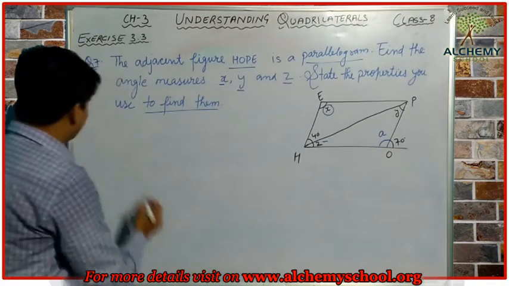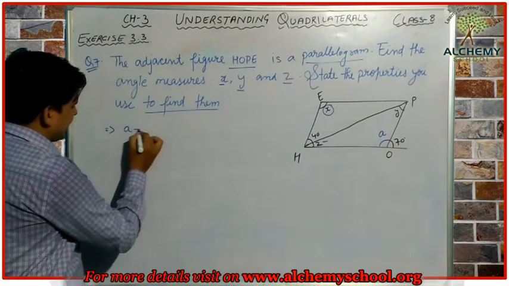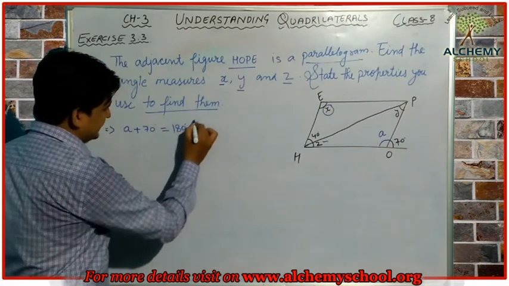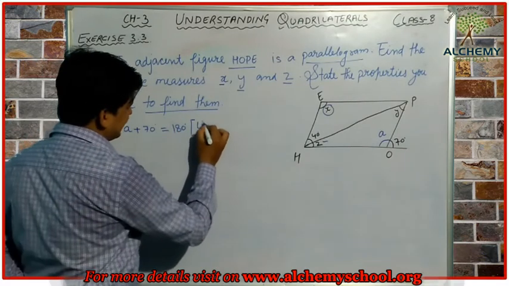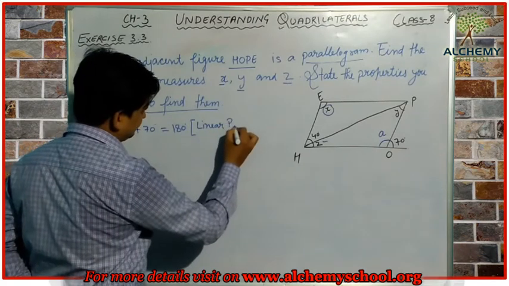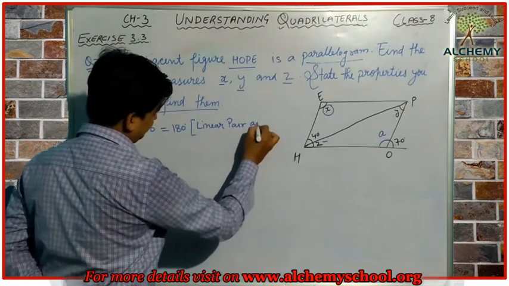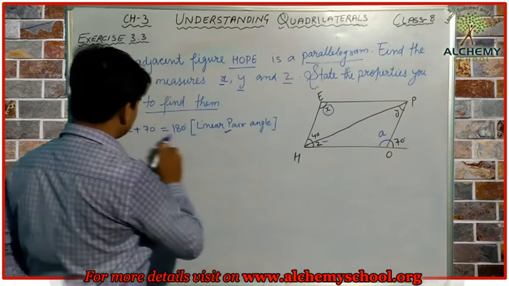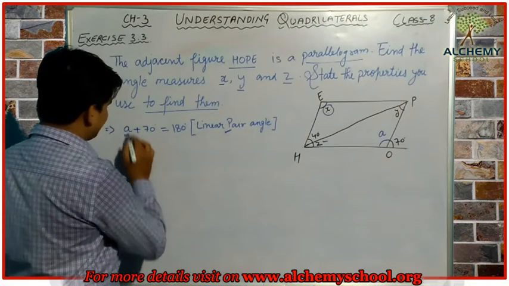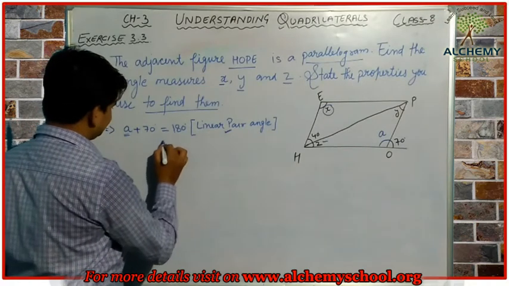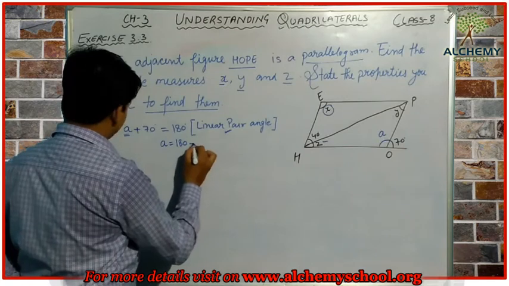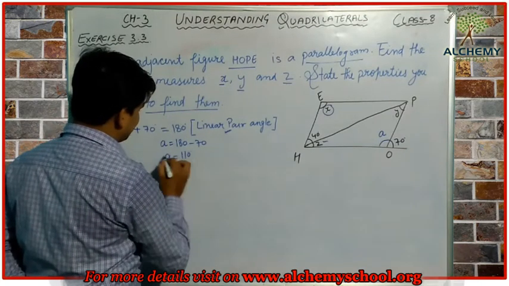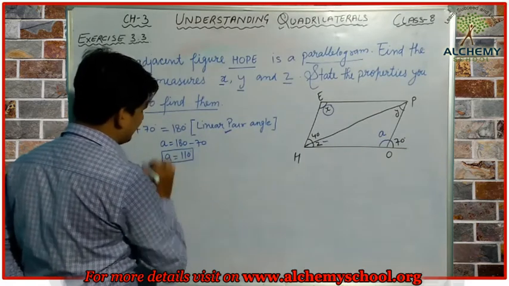So easily we can write here A plus 70 degrees is equal to 180, because they are a linear pair. This is the property we have applied to find the value of A. A is equal to 180 minus 70 degrees. So A is equal to 110 degrees. So now we have the value of A.